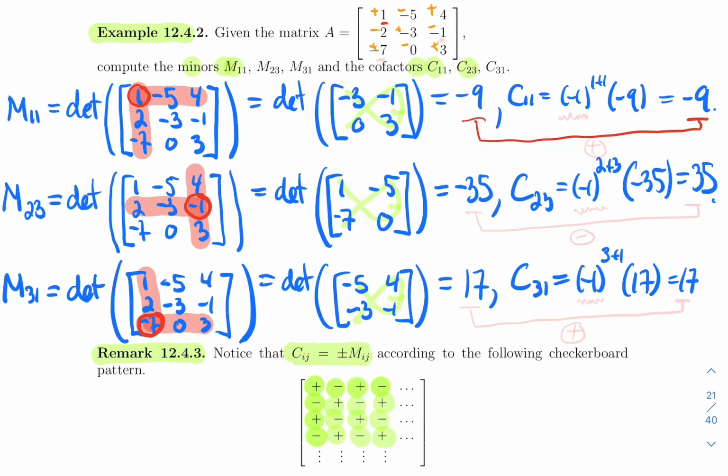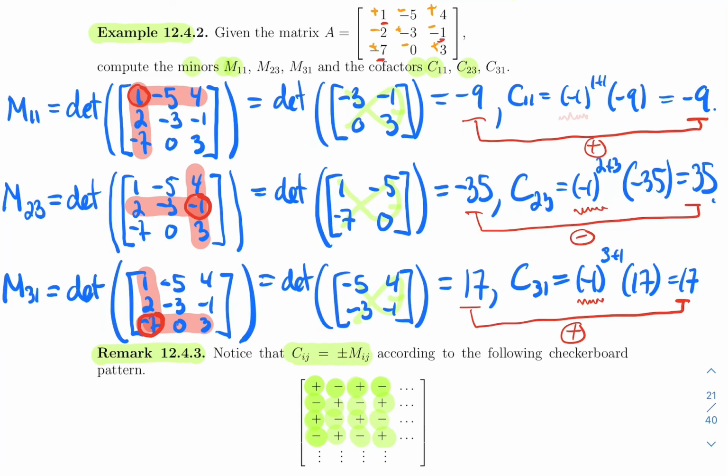The one at 2, 3, the minus 1, did change sign because it's at a minus position. And the last one, at 3, 1, the minus 7 is at a plus position, and you can see that the minor and the cofactor did not change signs.